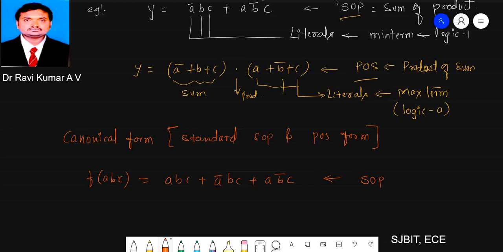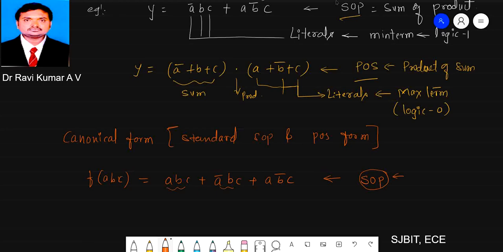If the SOP expression contains all the literals in every term, then this SOP form is known as standard or canonical SOP form.